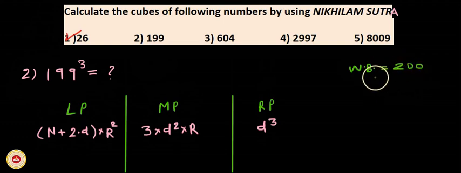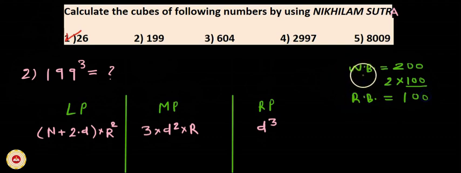So 200 is the nearest working base for the given number 199. Now 200 is 2 multiplied by 100. So 100 is the real base.